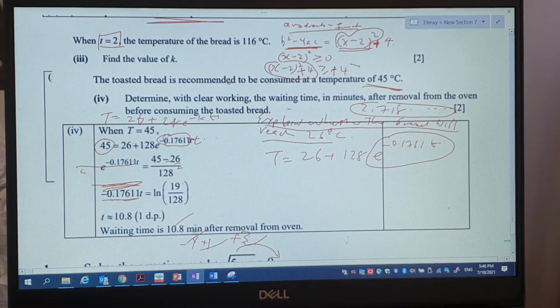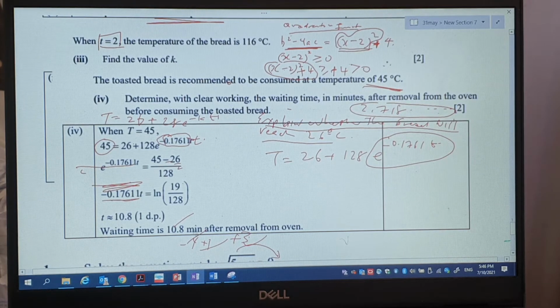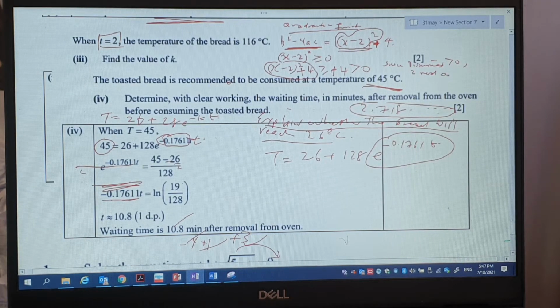That means it's always greater than 0. So you say, since the discriminant is always greater than 0, there are two real and distinct roots. Am I correct? So you remember, you start from the perfect square.